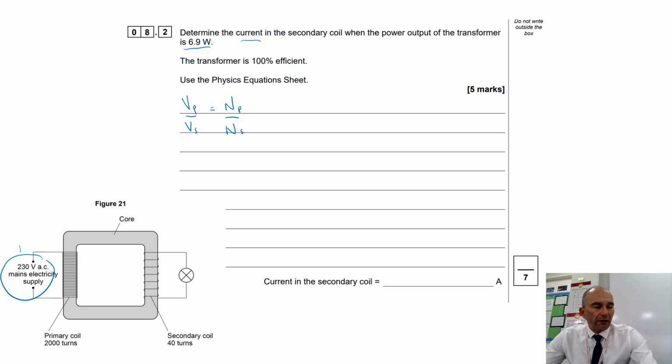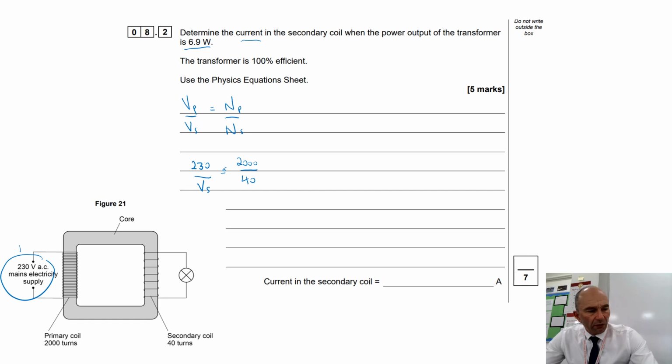Now we can add in some of those numbers. So we've got our primary potential difference, that's 230. Now that 230 divided by our potential difference, we don't actually know that one, equals number of turns in the primary coil, which is 2000, divided by 40.